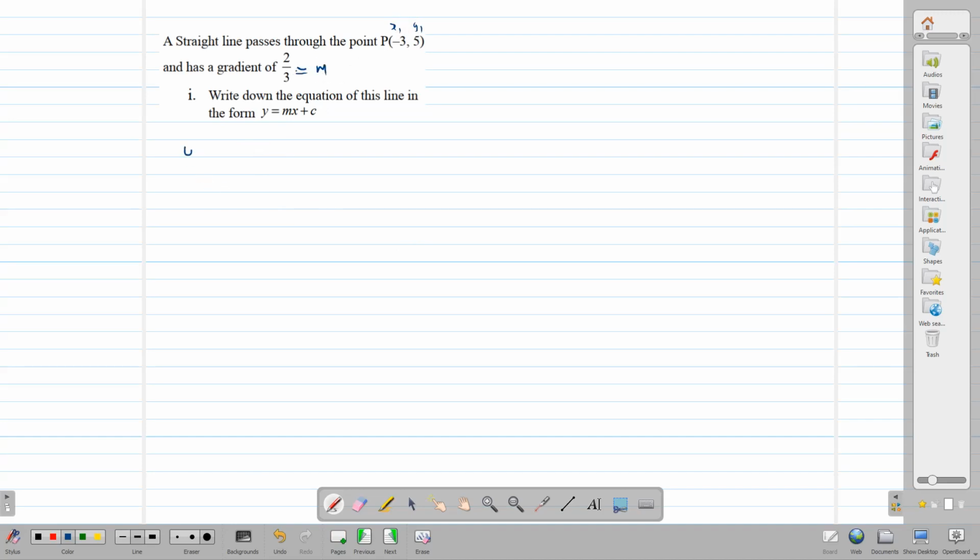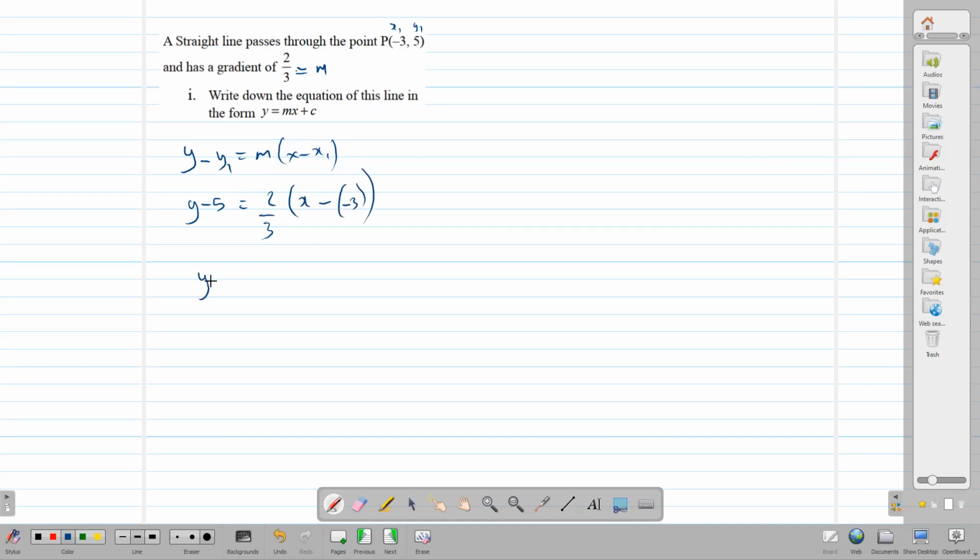So we write down our formula, y minus y1 is equal to m bracket x minus x1. Let's substitute now. y minus 5, because y1 is 5, is equal to m, which is 2/3, bracket x minus, or 3 is negative, so let's make sure we have a negative 3.